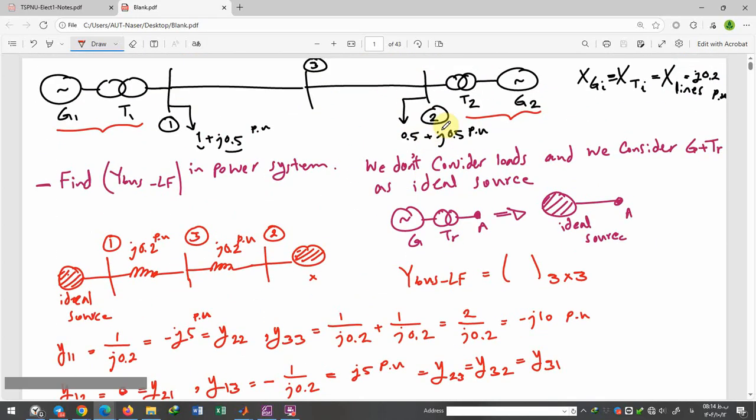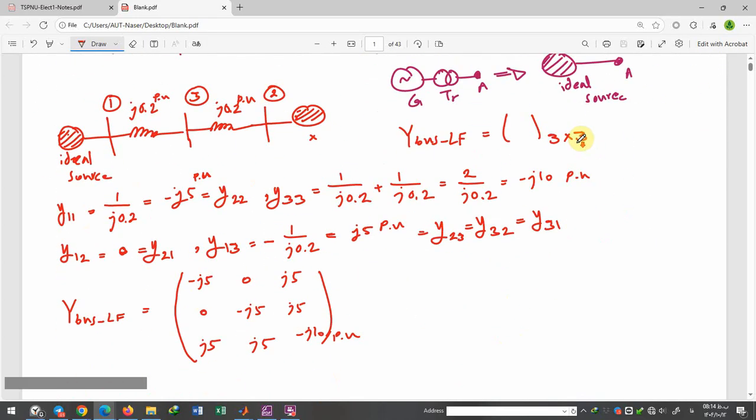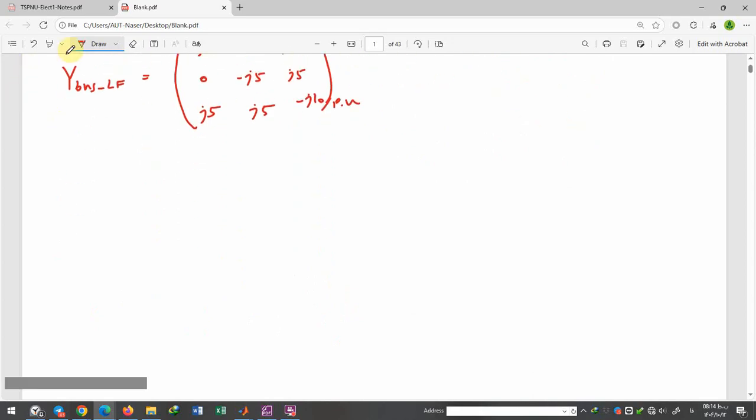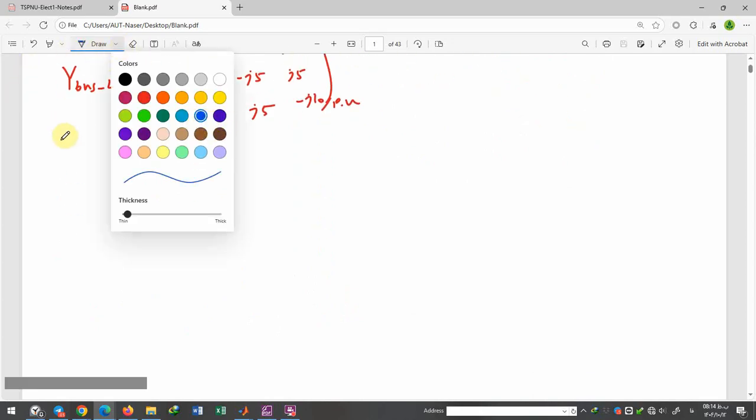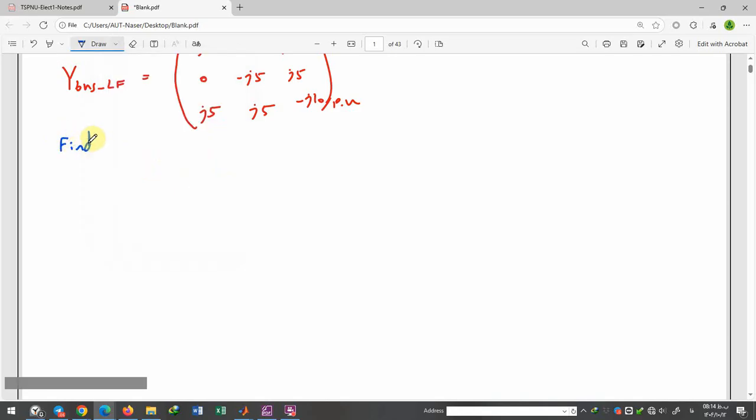Another question regarding this power system is to find the Y bus used for stability. Y bus for stability needs you to redraw your power system with more attention.